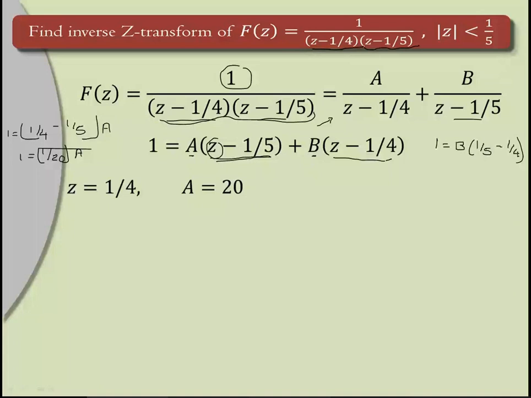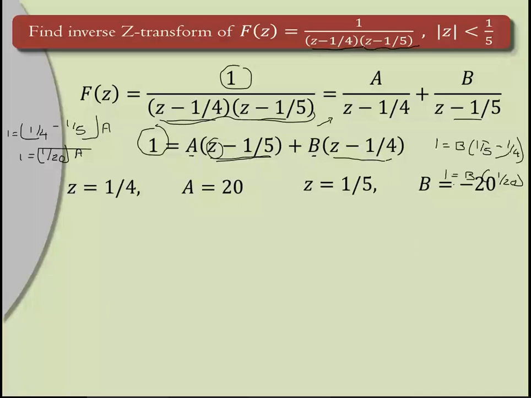It will be (4 minus 5) divided by 5 into 4. So 1 is equal to B into (4 minus 5 is minus 1) divided by (5 into 4 is 20). Here we are just doing the cross multiplication. So it is B into minus 1 by 20, and on the left hand side we have 1. So B will be minus 20.